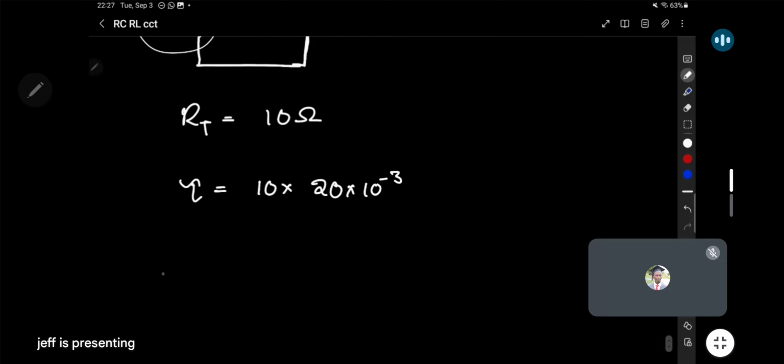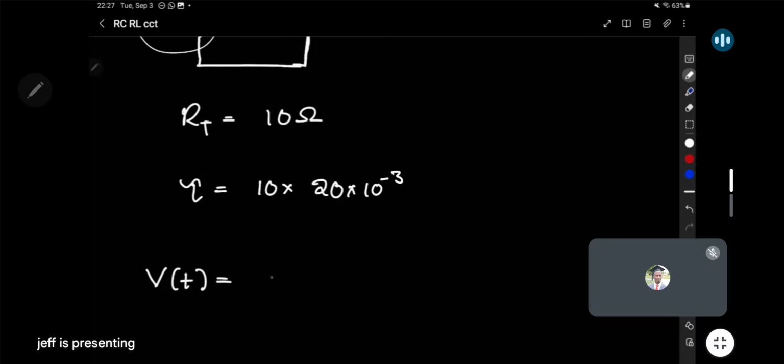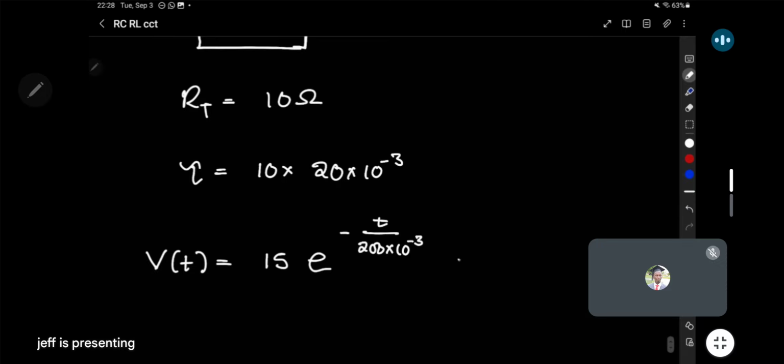With the time constant figured out, the voltage response from the capacitor will now be equal to V0, which is 15, e to the minus t over the time constant, 10 times 20, that is 200. So it will be 200 by 10 to the power minus 3. This becomes the expression that gives us the voltage response from the capacitor.